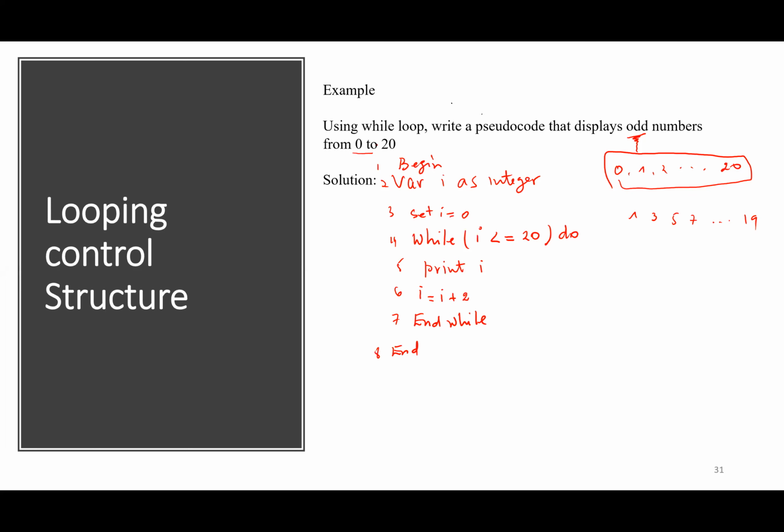Why did you put set? Set is used to initialize or to assign an initial value. You can say set I equals 0 or simply say I equals 0. Okay.